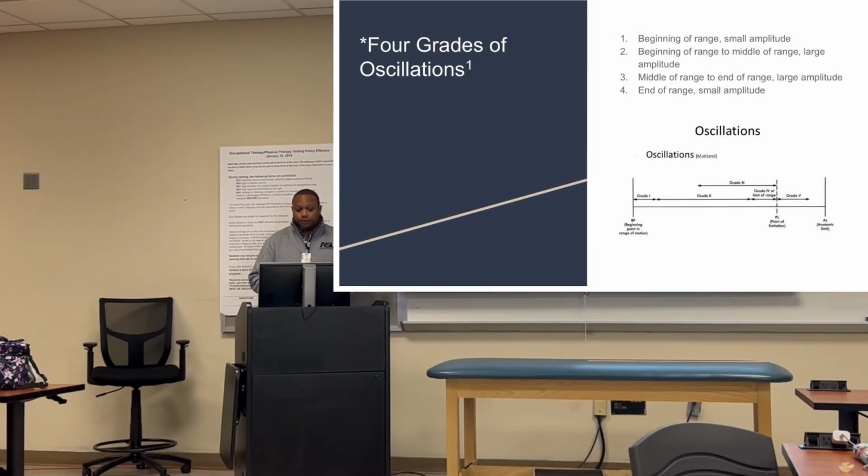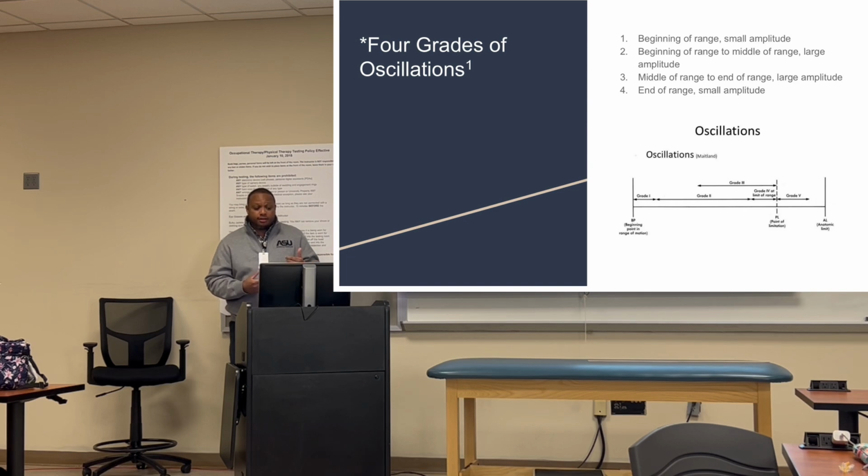And here are our different grades. So we got grade 1, our 4 grades of oscillation, or we can say 4 grades of mobilization, or that can be changed to 4 grades of manipulation. But Maitland likes to use the term oscillation because when you mobilize to that range, he likes to oscillate within that range.